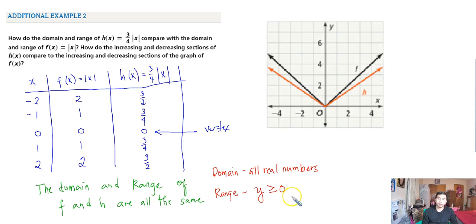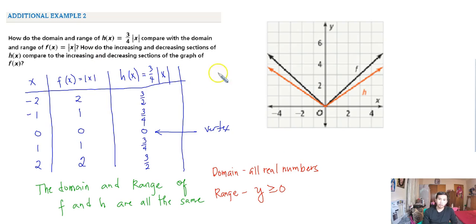Multiplying the absolute value of x by a positive value, in this case 3/4, yields a non-negative number. So the range of h of x equals 3/4 the absolute value of x is also the same, y is greater than or equal to 0.